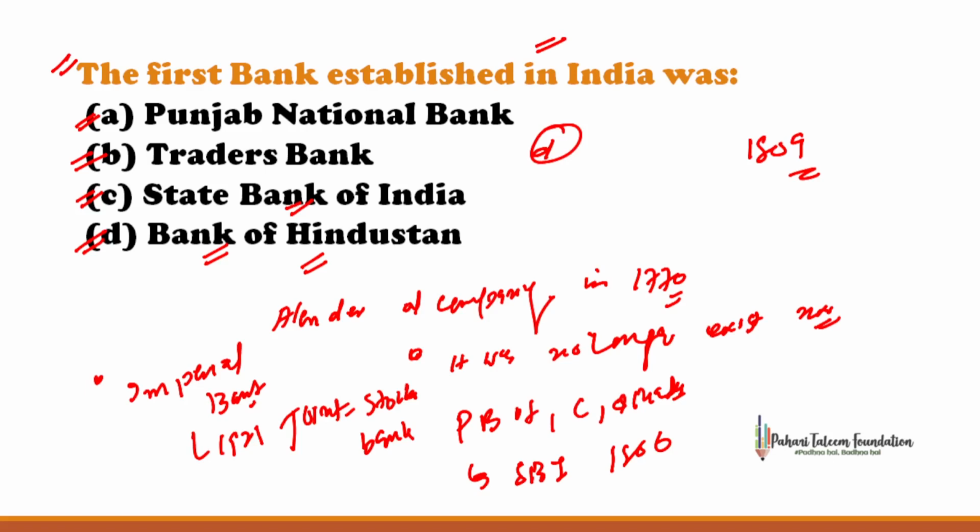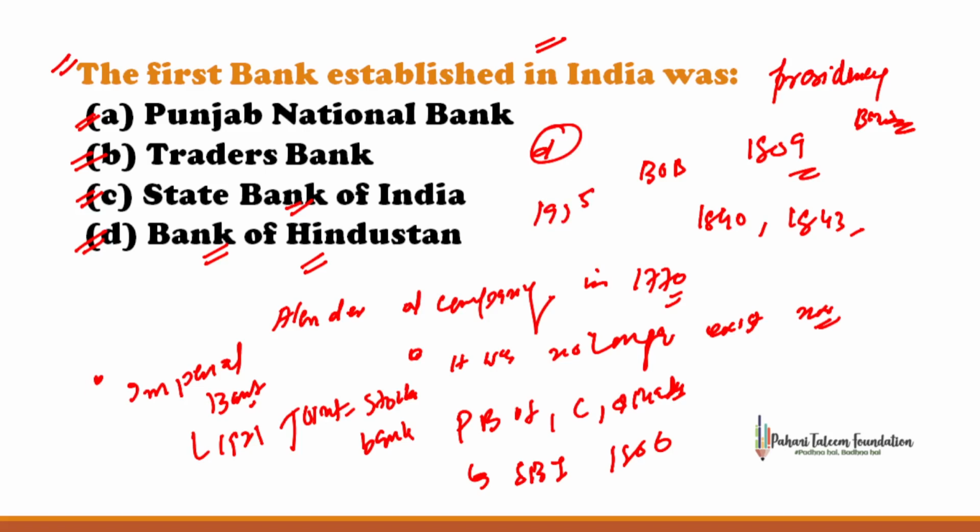The Bank of Bombay was created in 1840 and was soon joined by the Bank of Madras in 1843. Together with the Bank of Bengal, they became known as the Presidency Banks.